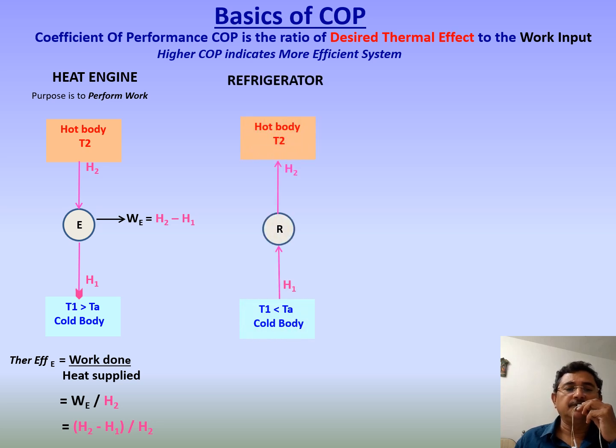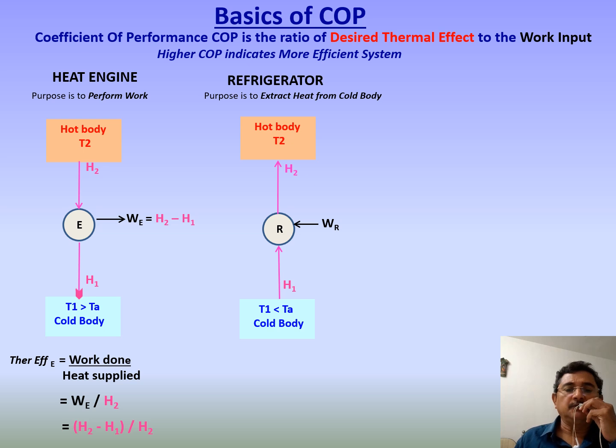Now coming to the refrigerator. The purpose of refrigerator is to extract the heat from the cold body. We require work input to be given to the refrigerator, that is WR.